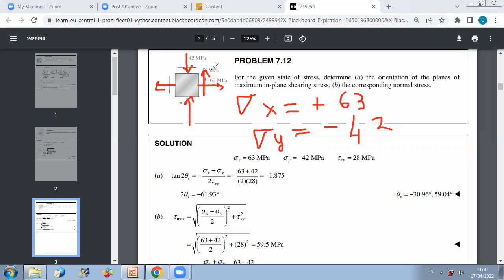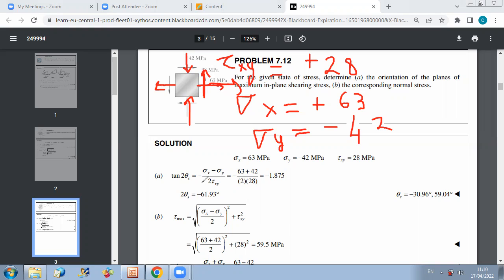Here, tau xy is positive because for this face, the normal to the face is positive x, and you have tau along positive y, so your shear is positive and is equal to plus 28 megapascal.